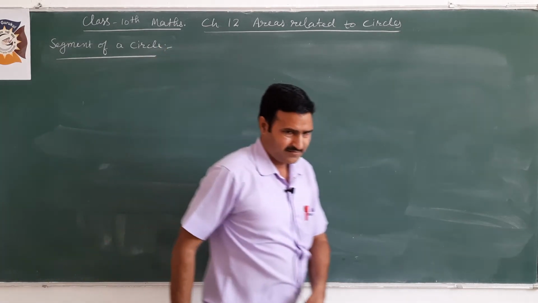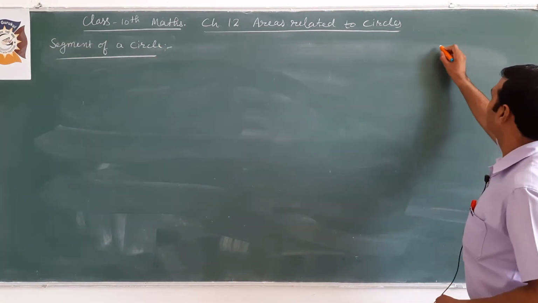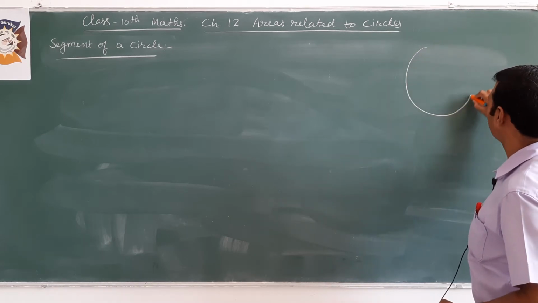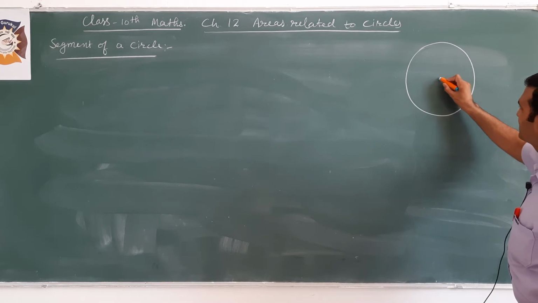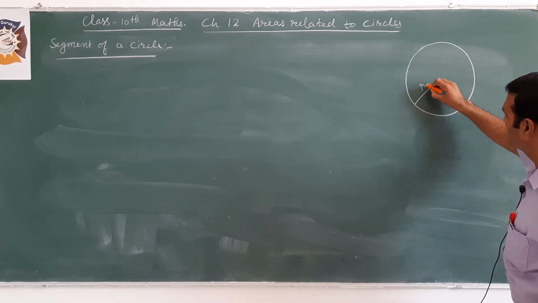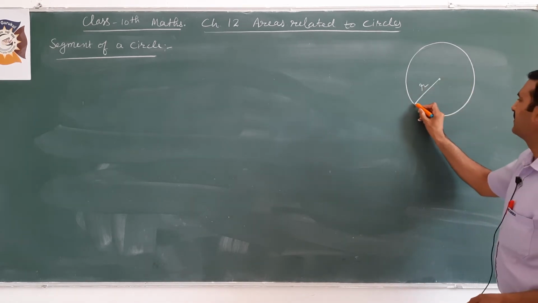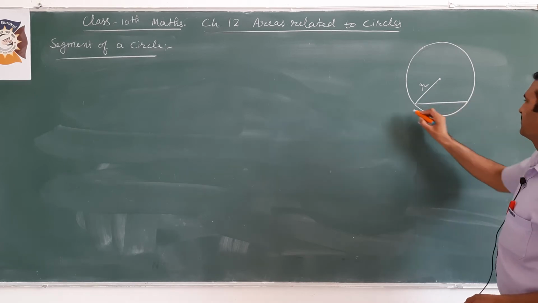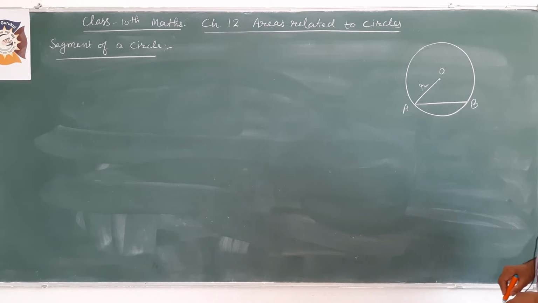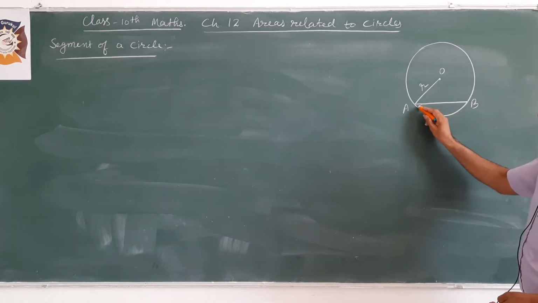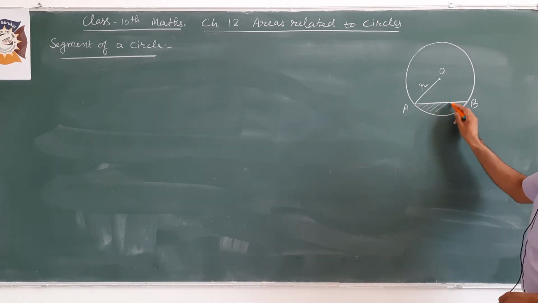First of all, figure of this. This is a circle, that the radius of this circle is r. AB is the chord, not through the center. So this is the segment.